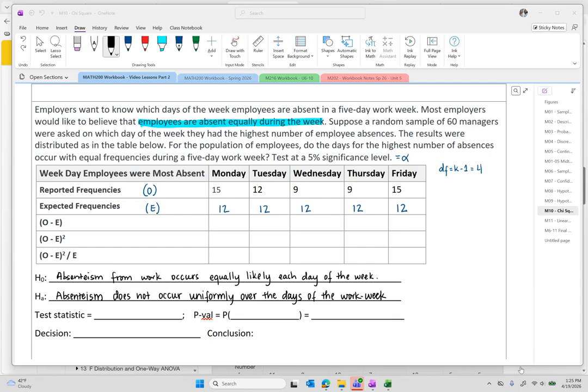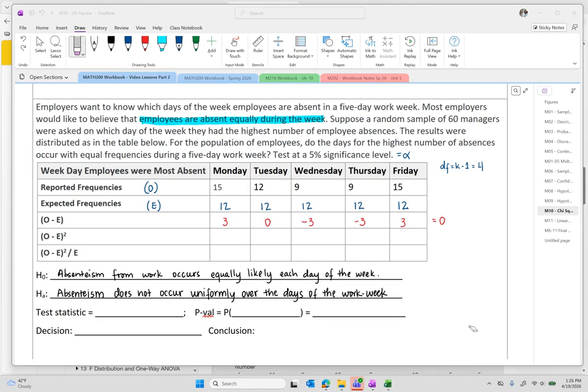Our next job is to find the differences, observed minus expected, and those are 15 minus 12, 12 minus 12, 9 minus 12, 9 minus 12, and 15 minus 12.